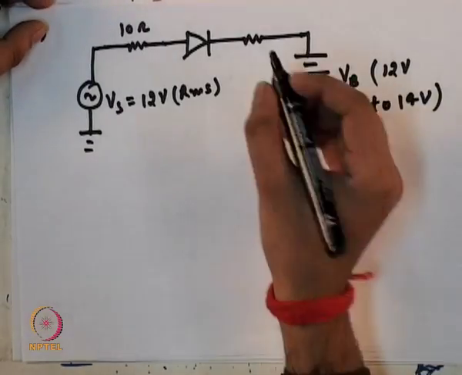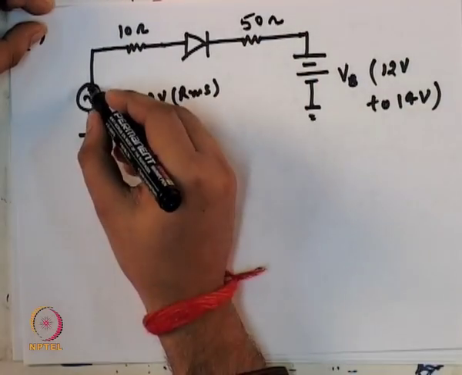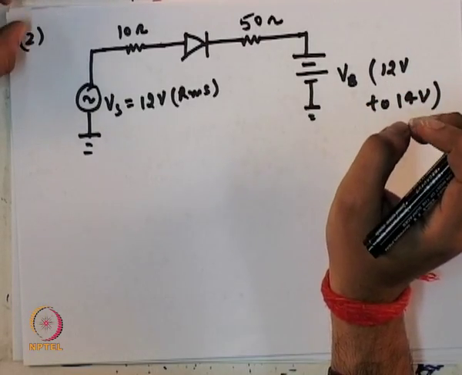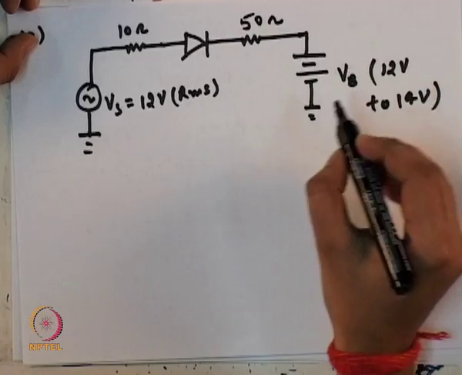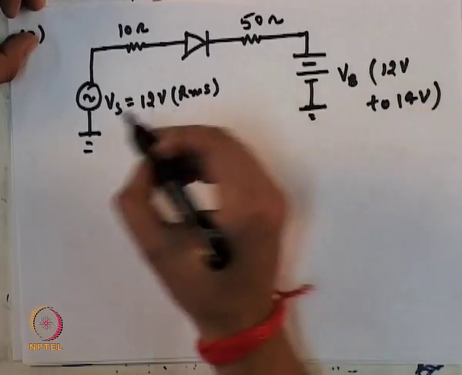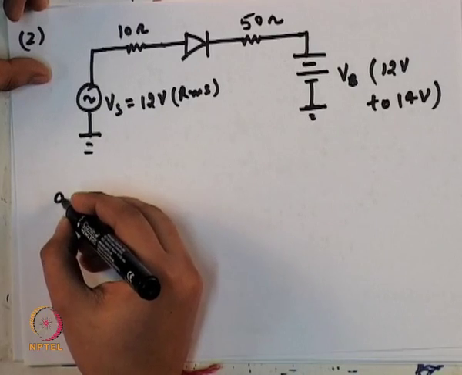So this is the given circuit. In this circuit, there is an AC source with a 12 volt RMS value, and there is a battery which is charging from 12 volt to 14 volt from this AC source. So here we need to find out a part.